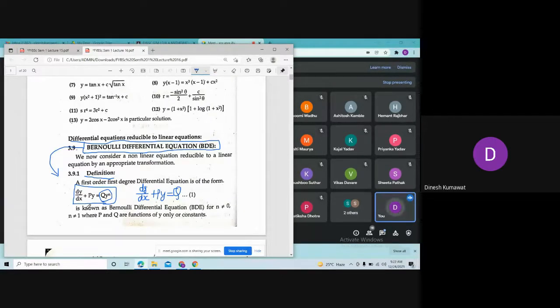And such kinds of equation is known as Bernoulli's differential equation for n non-zero and n not equals to 1. So whenever this n is not equals to 0 or 1, then we are going to call such kinds of differential equation as Bernoulli's differential equation, where p and q are functions of y only or constants.